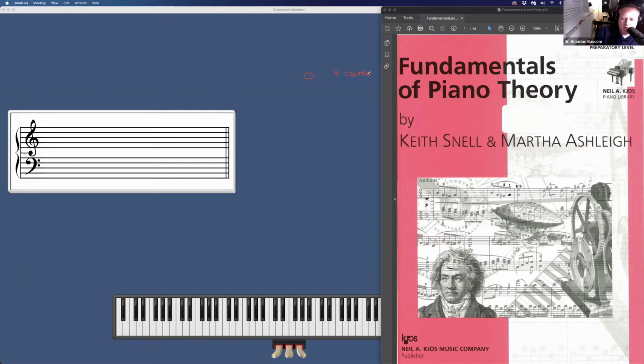When there's a right hand finger number and a left hand finger number, there's a lot of numbers to deal with. So I'm going to count them by saying pi, pi, pi, pi, pi.